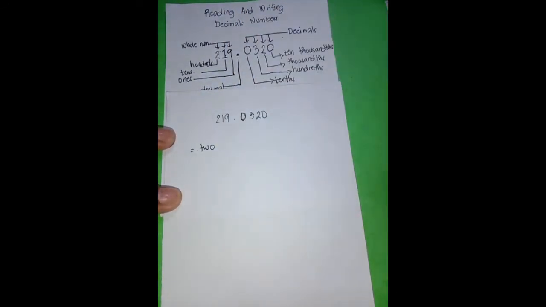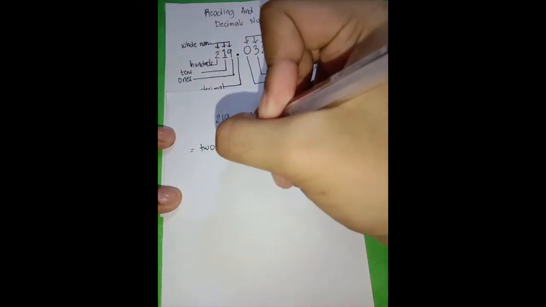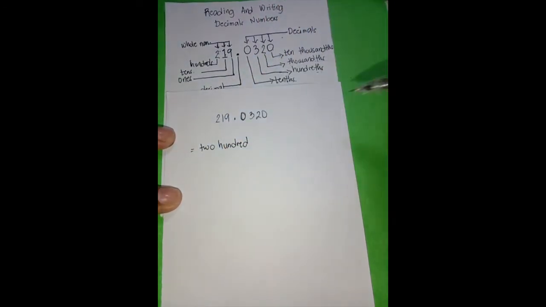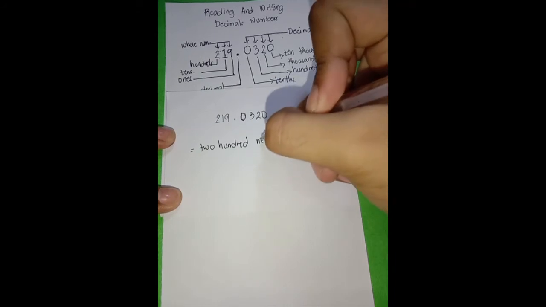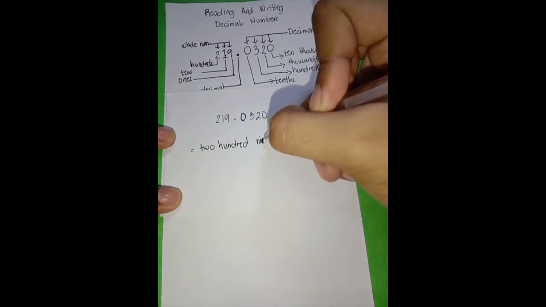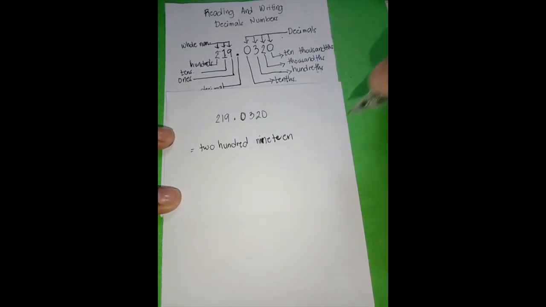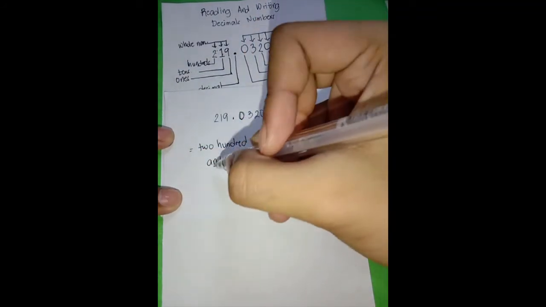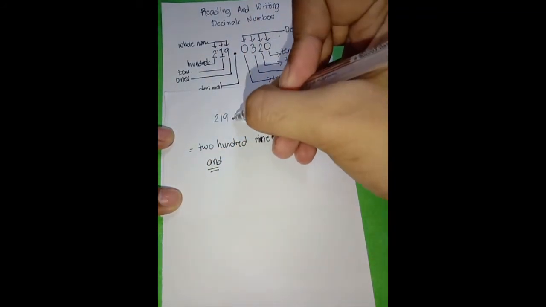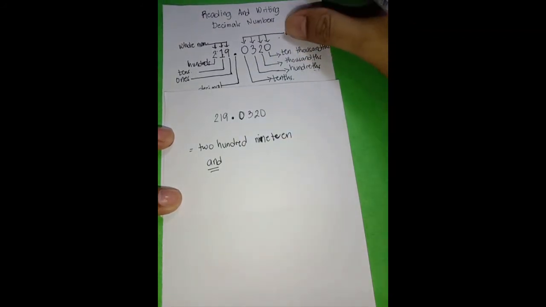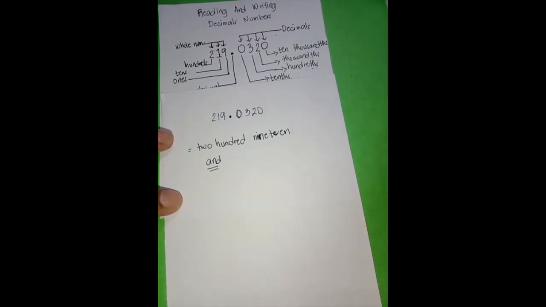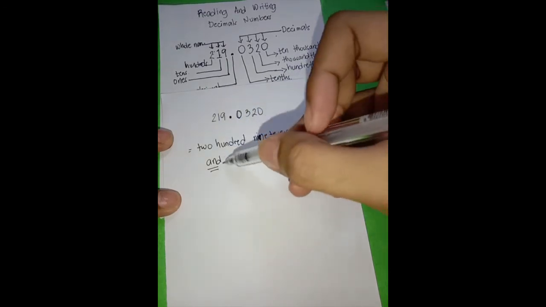So we have 219. This "and" is our decimal point, because decimal point is read as "and".